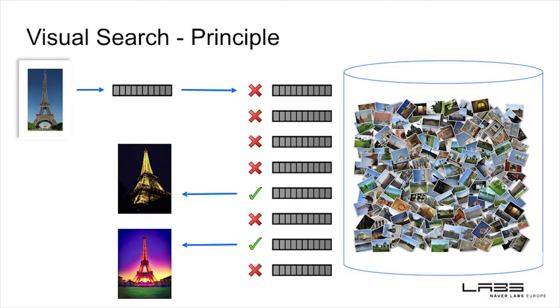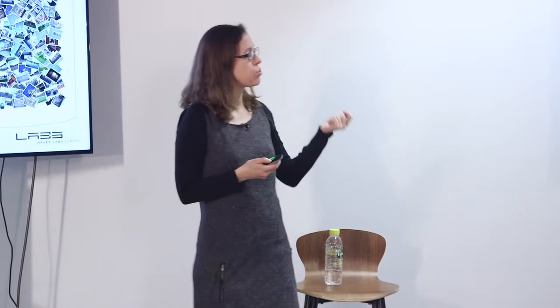Once we have this correct representation, the one we need for our task, we simply have to do the same. So we assume that we've done that offline. We have extracted all the descriptors of all the images in our data set. And because the representation is appropriate, we simply compare the representation of the query with the representation of all the images, and we check which ones are relevant. And that's simply what we return in our system.